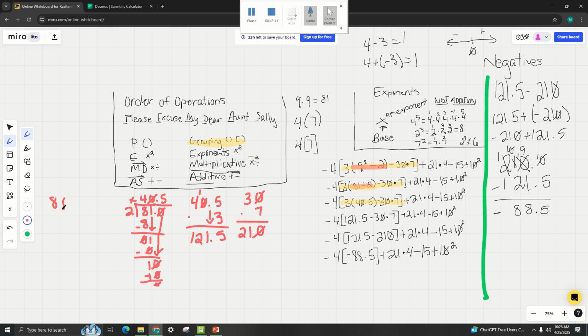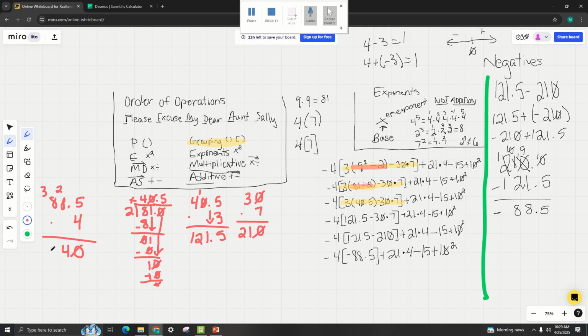So 88.5 times 4. Again, we're doing a decimal times a whole number, so I have to make sure I drop my decimal down into the product of this. So I have 4 times 5 is 20. I carry my 2 over to the next place value. 4 times 8 is 32, plus 2 is 34. Write my 4 down, and my 3 up here. Again, 4 times 8 is 32, plus 3 is 35.